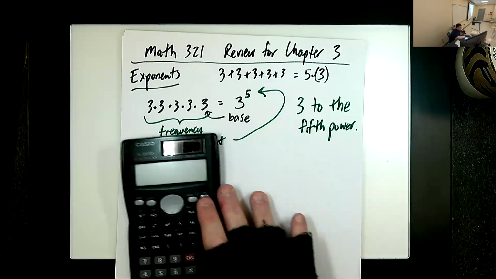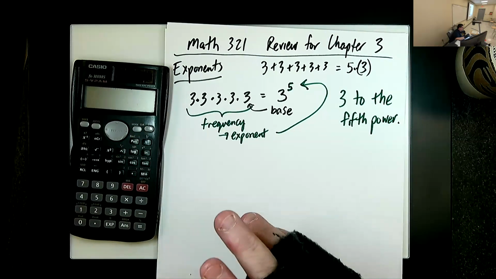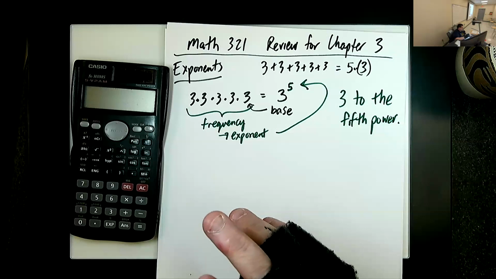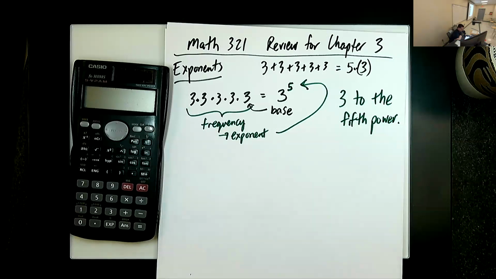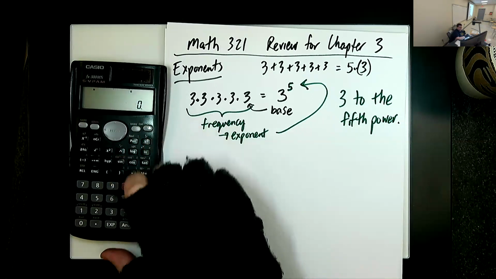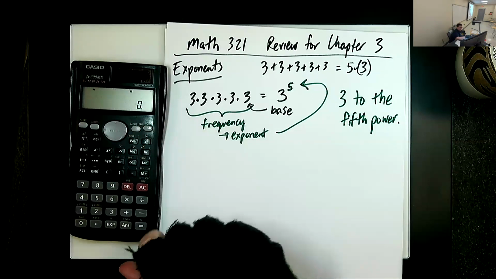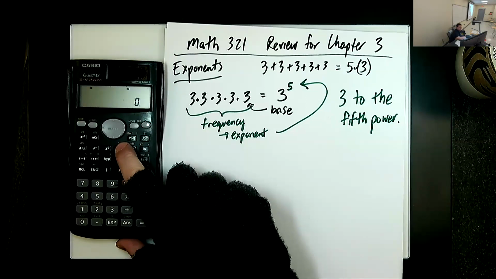Most calculators have a button for it. Not every one does; some just multiply and divide. Oh, hiccups. But the x squared button is right there. The caret does higher powered things.